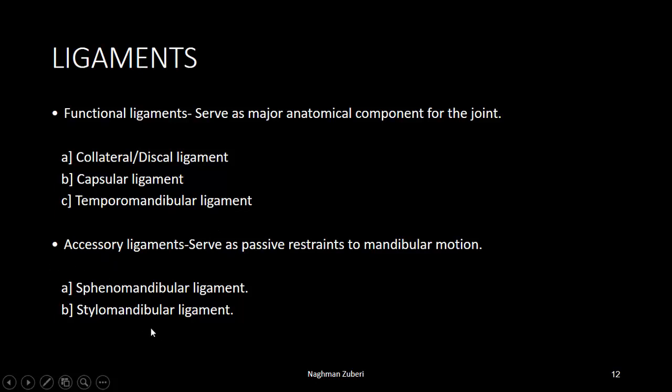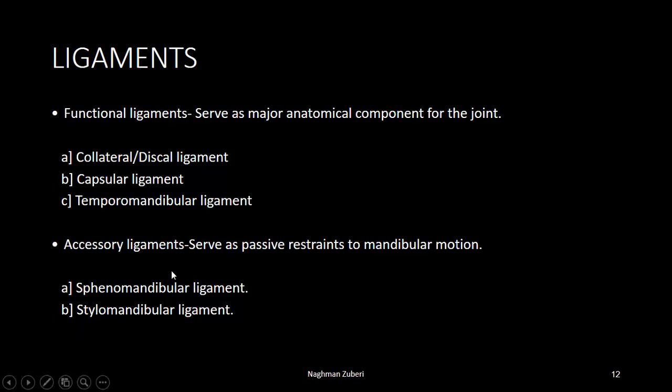Then there are two accessory ligaments. The sphenomandibular ligament is on the medial side of the ramus. It is attached to the lingula. It is medial to the lingula. Lingula is the medial side.